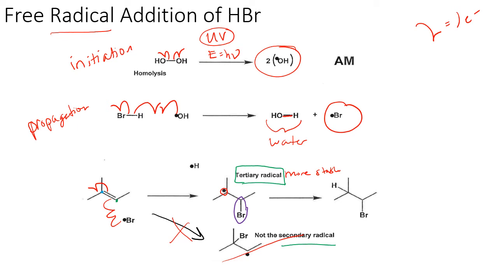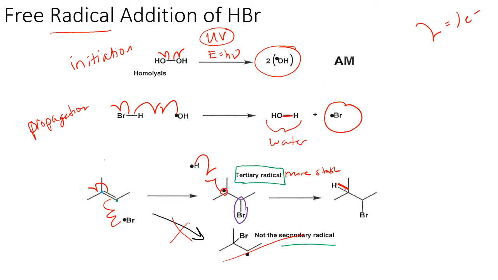So now the final step is to essentially terminate our radical reaction by combining our alkyl radical with a hydrogen radical in the reaction. So we have a combination of this hydrogen radical with our alkyl radical that we have there, forming a new bond.